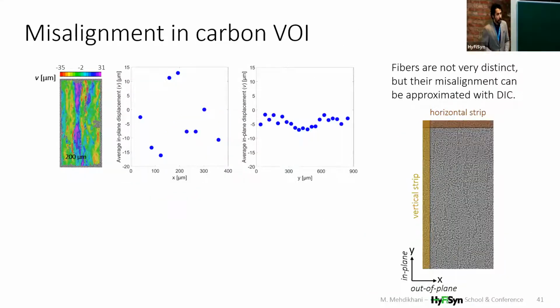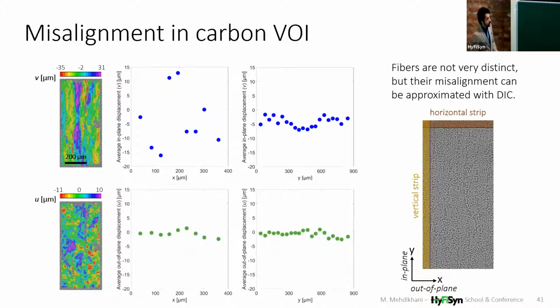And this has another advantage, which is the possibility of applying this technique to images where the fibers are not distinctly visible. As you can see here, for this carbon epoxy case, we don't really see the fibers, but still we can use this technique using DIC average results, and we can obtain, as you can see here, strain maps and displacement maps for orientation.